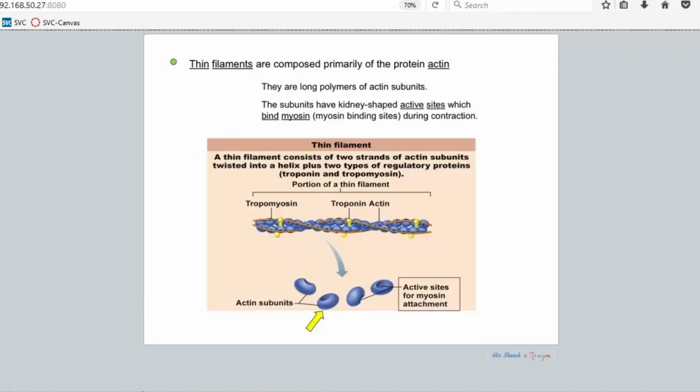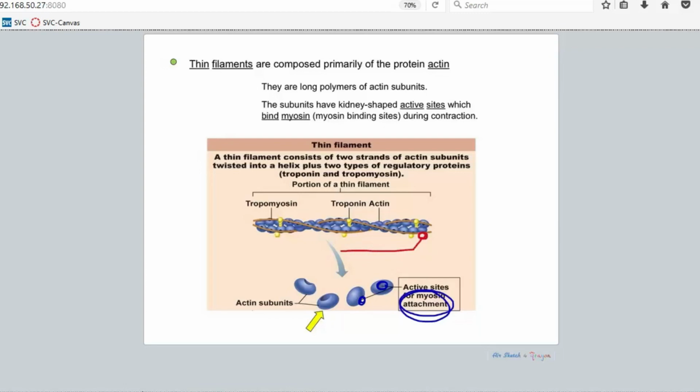So these thin filaments are composed primarily of these actin molecules. And if we take a close look at them, they have what are called active sites. And this is where myosin molecules are actually going to attach. So if you have your thick myosin molecule down there, there's the head right there.